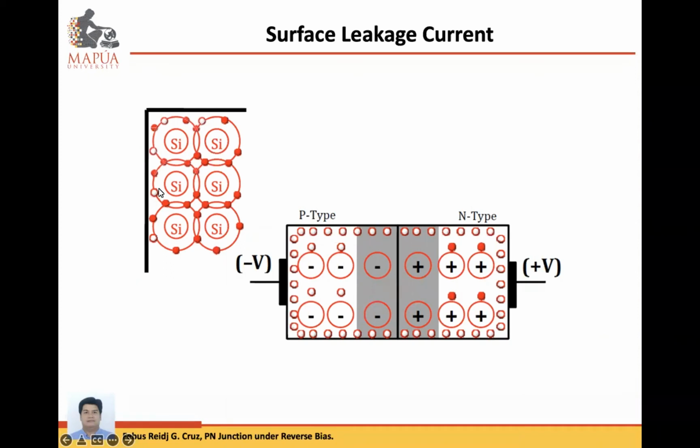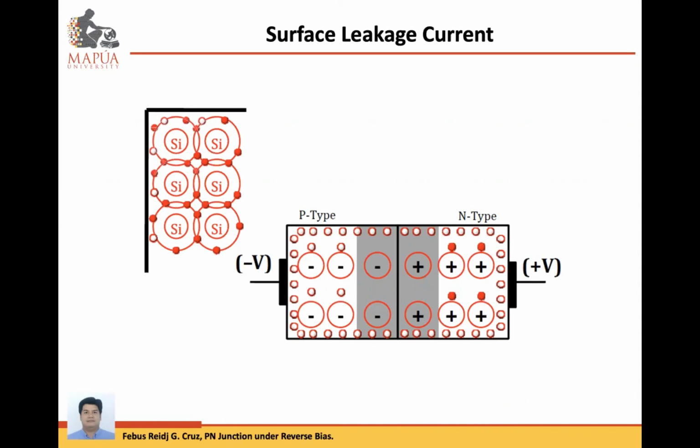Naintindihan ba yung concept? All right, so along the surface of semiconductors, we can assume that all of those edges have existing holes along the surface of any semiconductor device. Okay, is that clear?